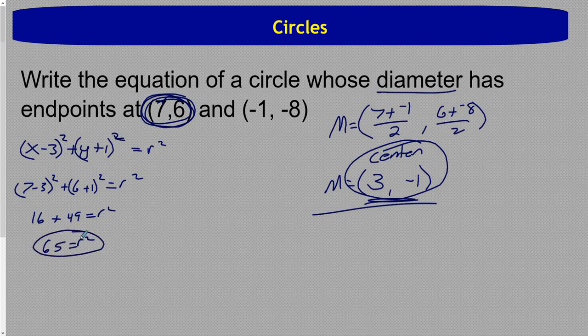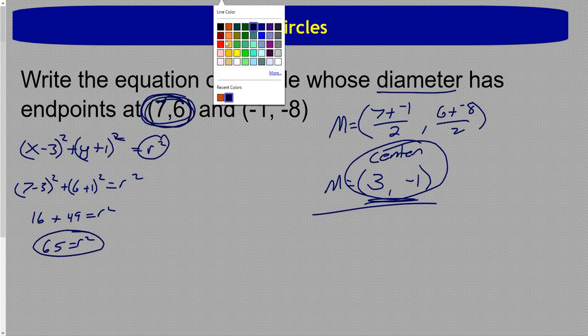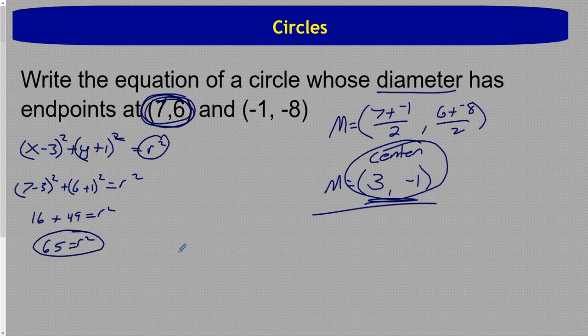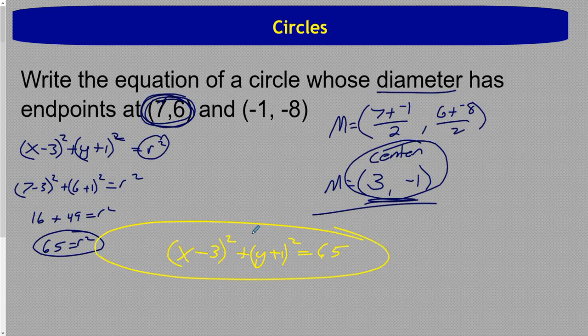I don't really need to take the square root because r squared is the number I want anyway. So, final answer, the equation is going to be x minus 3 squared plus y plus 1 squared equals 65. The square root of 65 is the radius of that circle. The circle has a center at 3, -1.